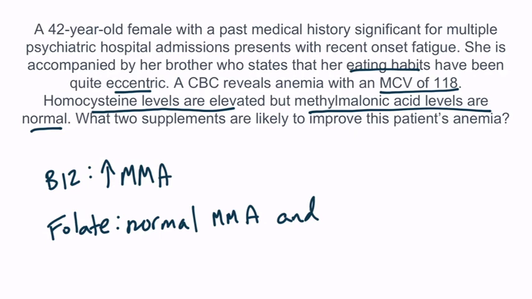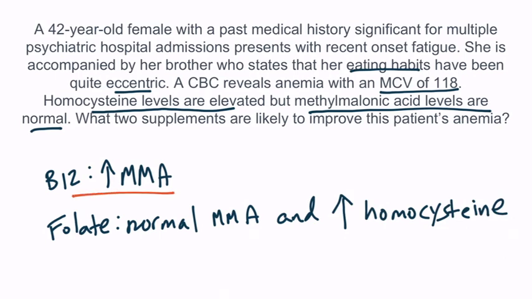Additionally, a folate deficiency results in elevations in homocysteine. So B12 deficiency results in elevated methylmalonic acid levels, or MMA, and folate deficiency results in normal MMA levels and increased homocysteine. We can see our patient here has elevated levels of homocysteine. So with this information, we can be confident that our patient has a folate deficiency.